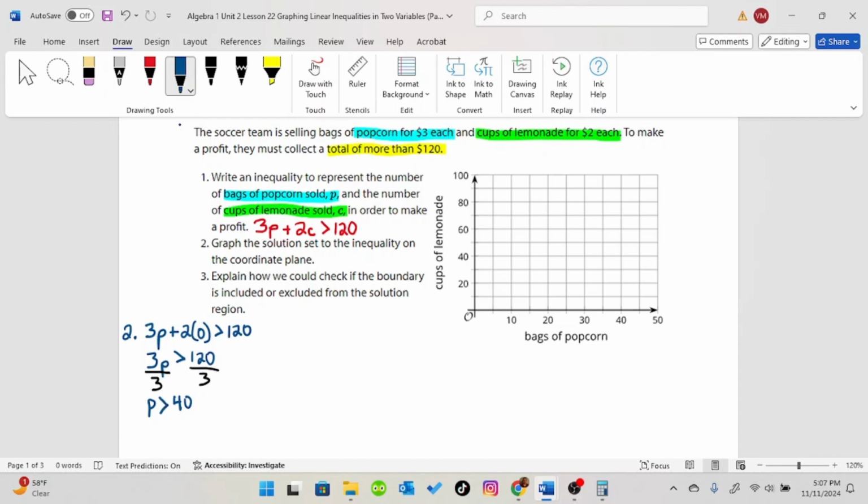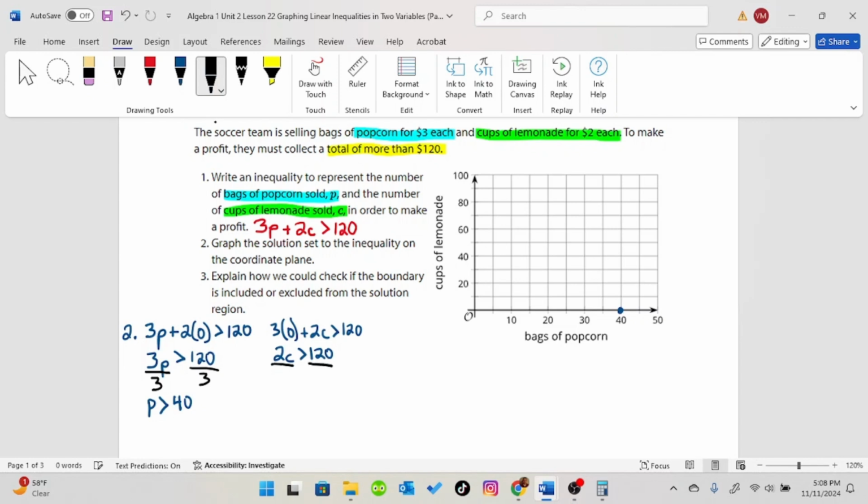So we can go to the P-axis and we can put a point at 40. Next, we'll do the opposite. We're going to let popcorn be 0, and we're going to solve for cups of lemonade. 3 times 0 is 0, so 2C must be greater than 120.